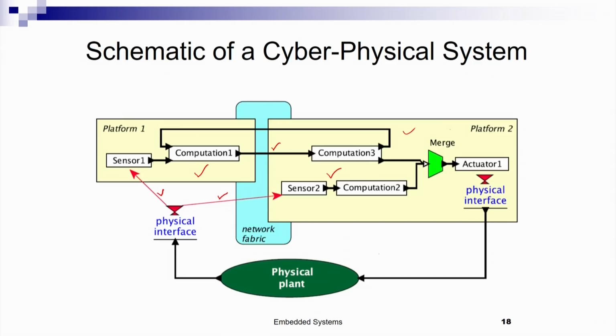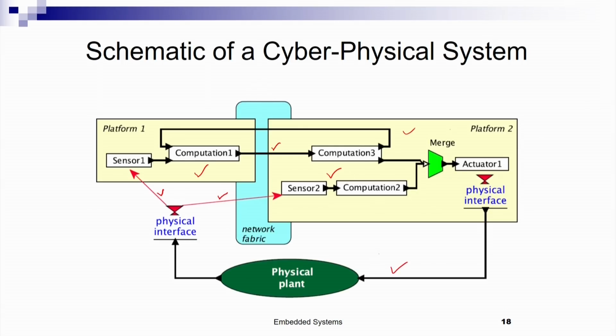They talk with each other over a network to determine what should be the final air fuel mixture, and that is again the actuator output, which then produces the final required air fuel mixture, and that is fed to the physical plant, again that is the car.